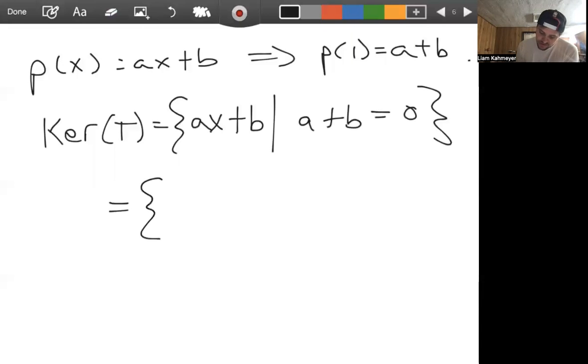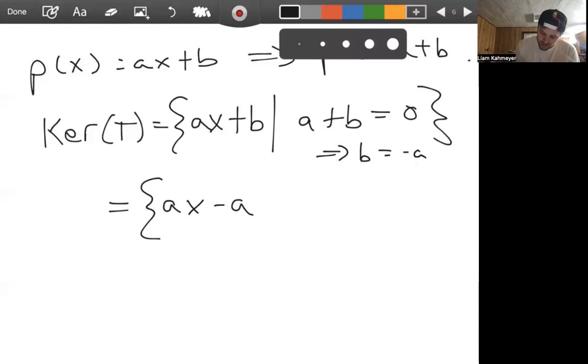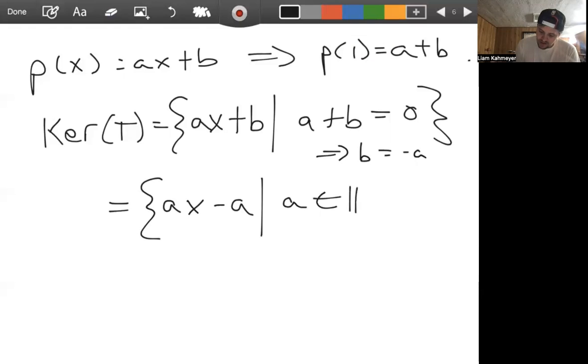is polynomials of the form AX minus A, because this implies that B would be equal to negative A. And maybe I should be more precise here. This is AX minus A for A in the reals.